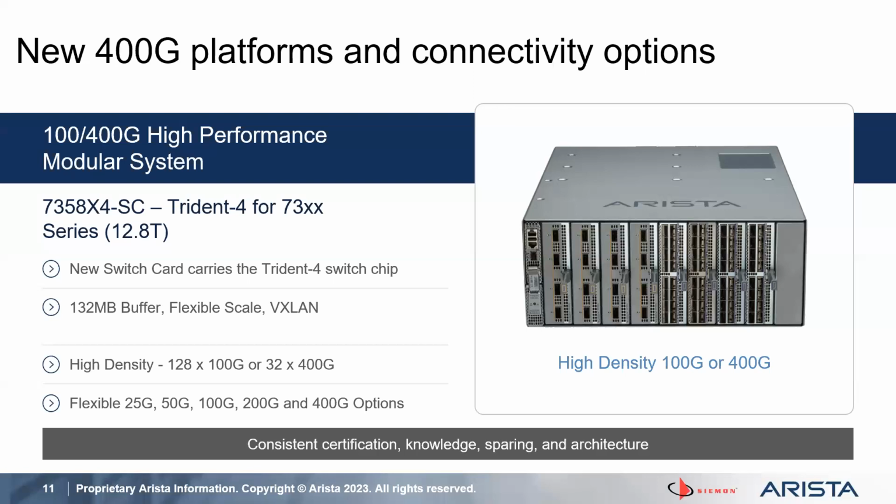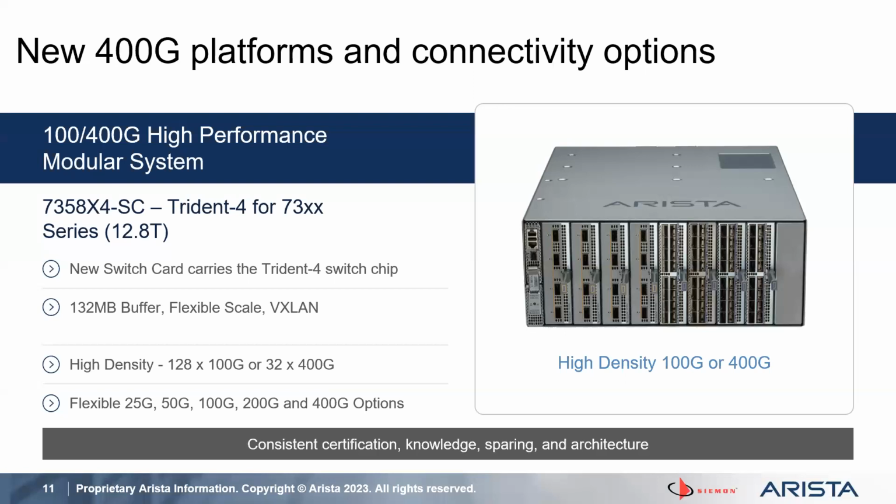And also when you're doing migrations from 100 gig to 400 gig, this turns out to be a very interesting option for those scenarios. And anything that I've discussed from 1 gig all the way to 400 gig, common feature set, we support EVPN, VXLAN on all of these particular platforms to help you build your data centers, and a ton of flexibility.